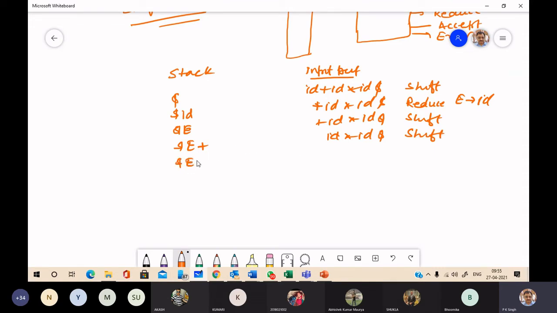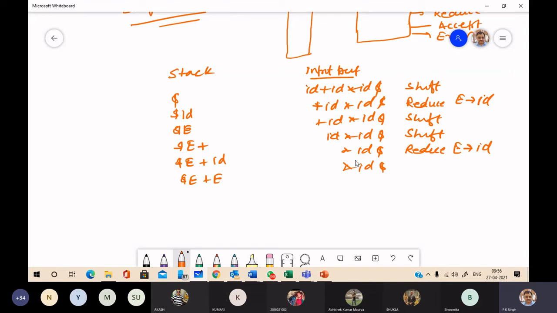Now the next action is reduce, E to ID, and you will get E plus E asterisk ID dollar.